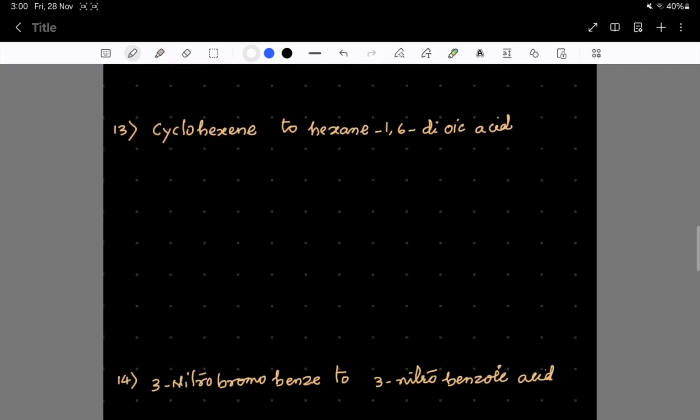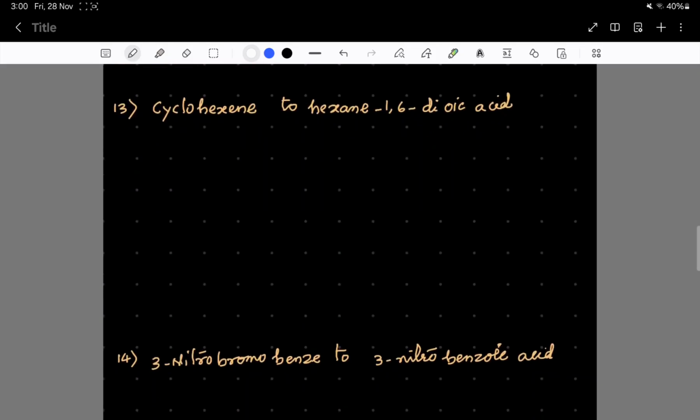Next, student, cyclohexene to hexane-1,6-dioic acid, right? This is cyclohexene. Do one process, student: just do the ozonolysis, a simple process, in CCl4.